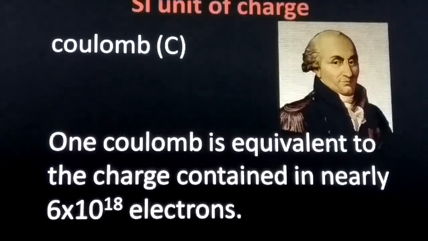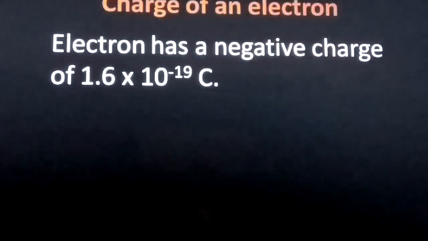Okay students. Now, you are already familiar with the charge of an electron. What is an electron? Electron is a negatively charged particle. Its value is 1.6 into 10 to the power of minus 19 Coulomb.